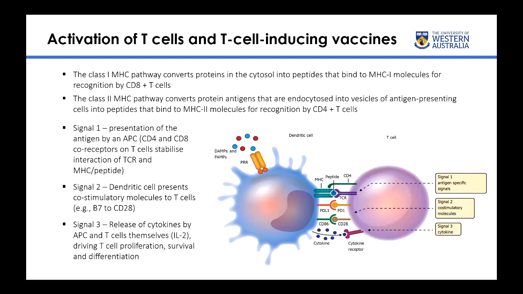There are also important signals such as PD-1 and CTLA4, which stop the activation, for controlling homeostasis.